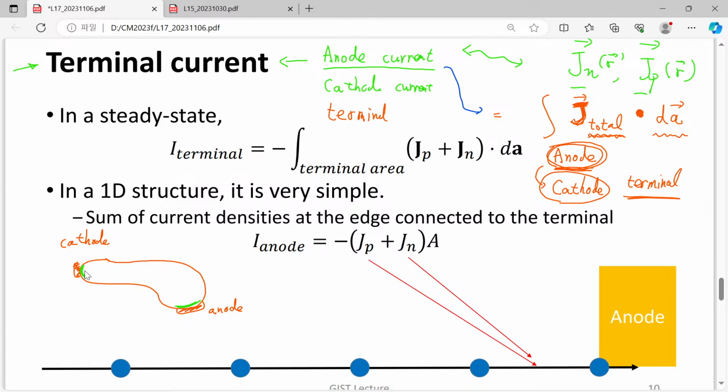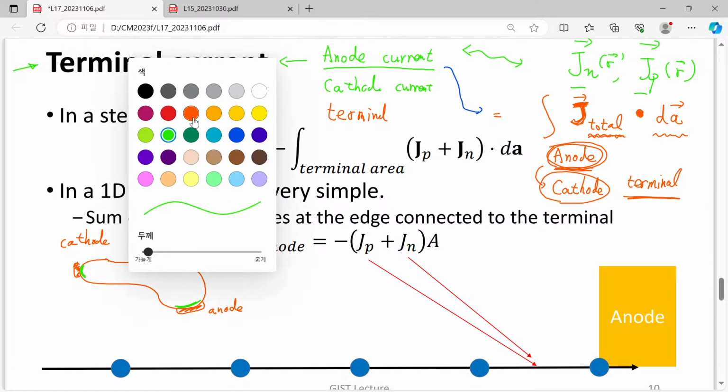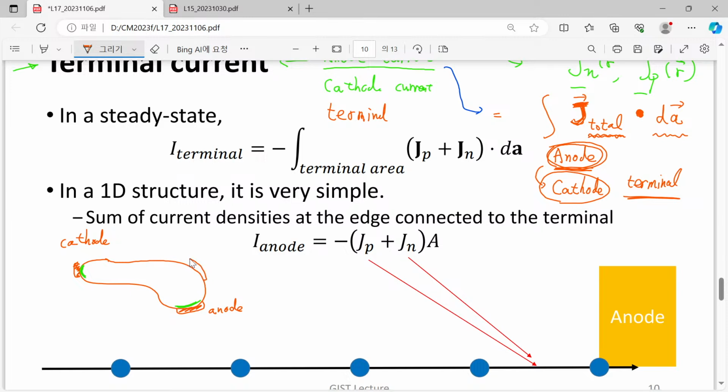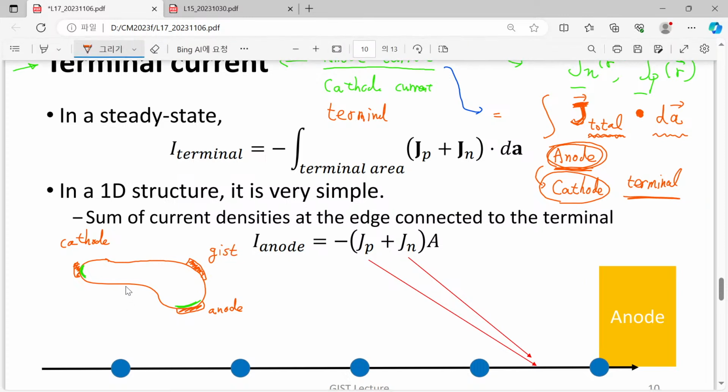Yes. So let's say that we have another one, let's name it gate, for example. If we have these three terminals, then what is the current for this third contact?